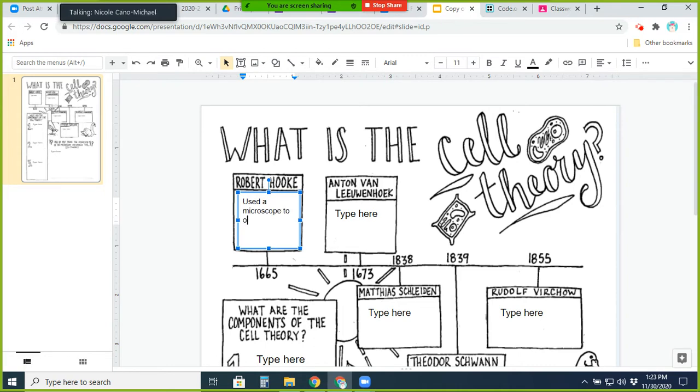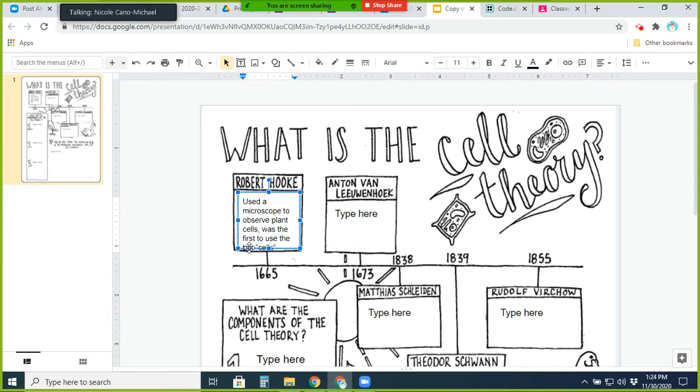to observe plant cells. He was the first to use the term cells.